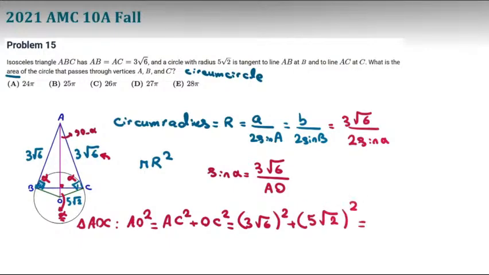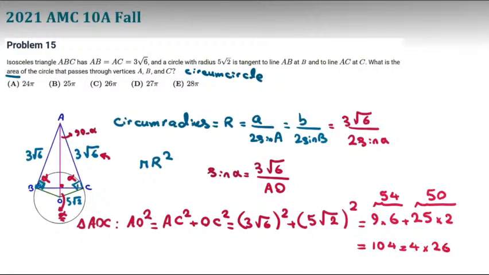And we can say 3 root 6 squared is 9 times 6. Next one, 25 times 2. 9 times 6 is 54. 2 times 25 is 50. So it will be 104, which is 4 times 26. So if you want to find, it was AO squared. AO will be 2 root 26.